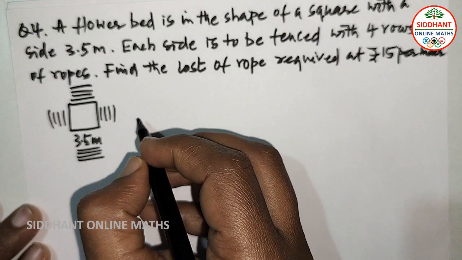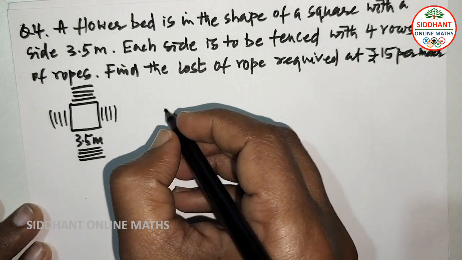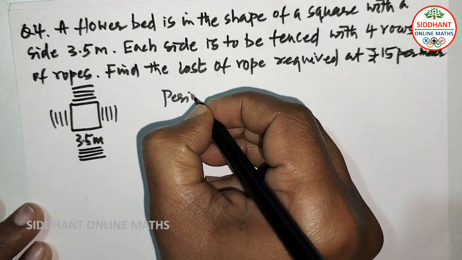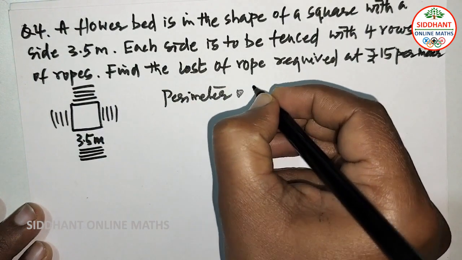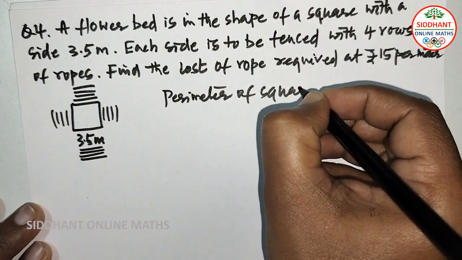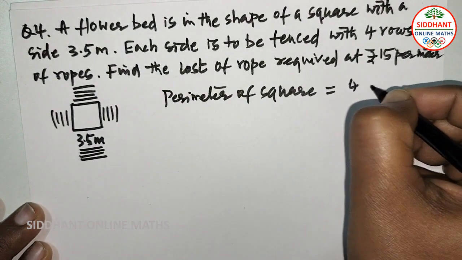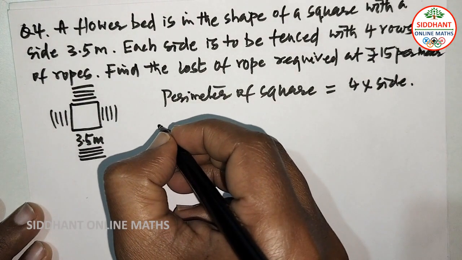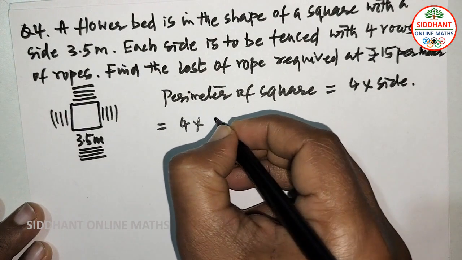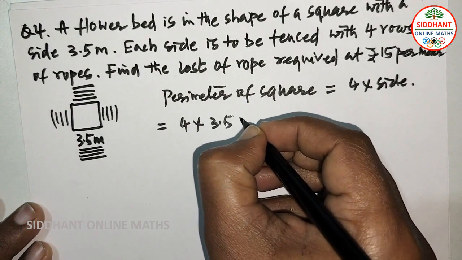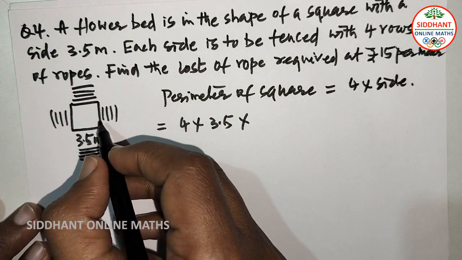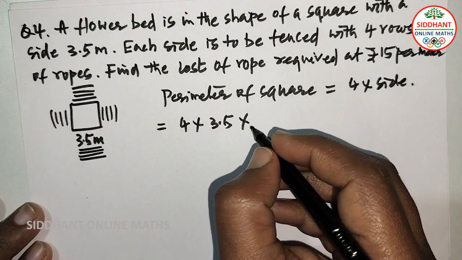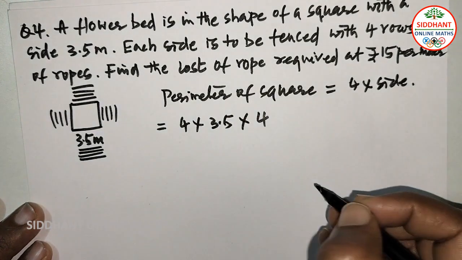So first we are going to find the perimeter of the square. The perimeter of a square, we know, is 4 into side. So here 4 into side, 3.5 meters, into 4 rows. Again we have 4 rows here, that means into 4.